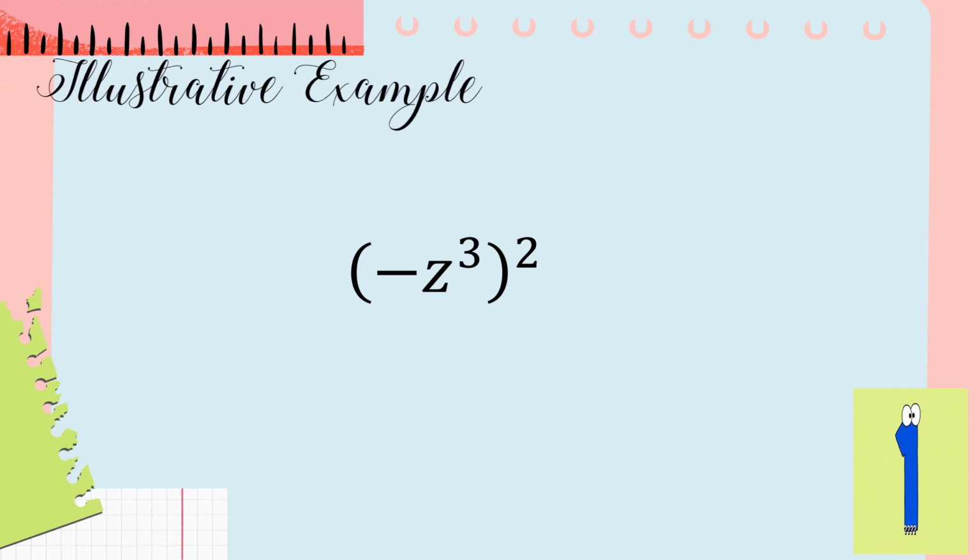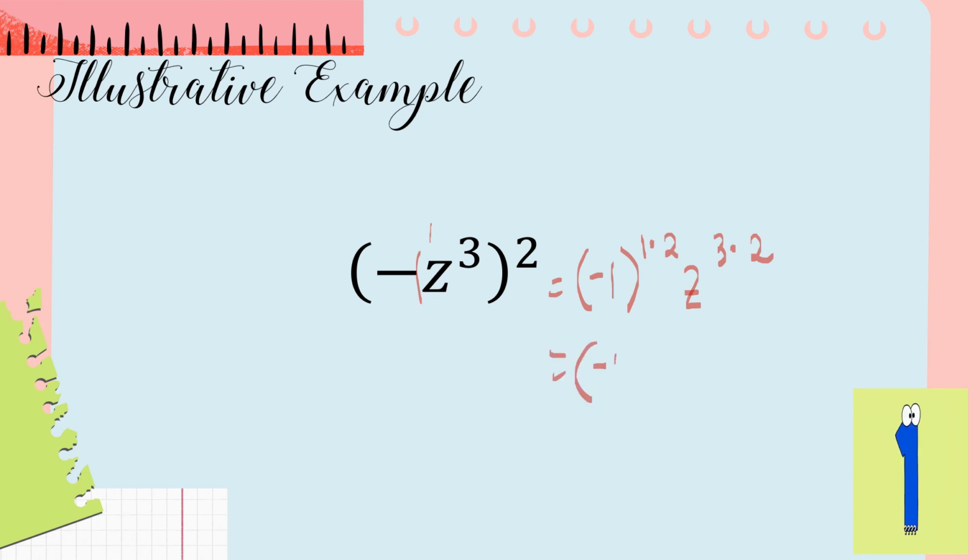Next, the square of the quantity negative z raised to 3. This is understood to be negative 1 z raised to 3. So we have negative 1 raised to, this is understood to have an exponent of 1, 1 times 2. And then we have z raised to 3 times 2.